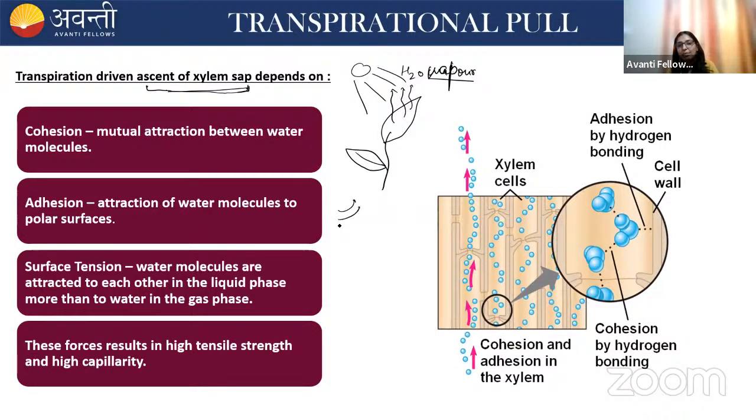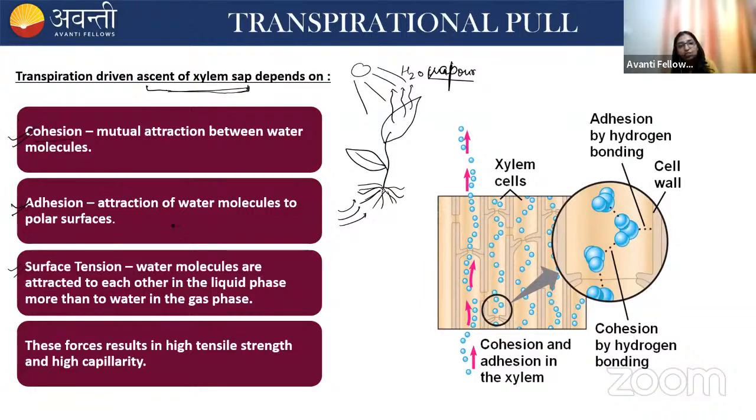So a maximum amount of water absorption by the root is taking place because of transpiration. Remember this point.